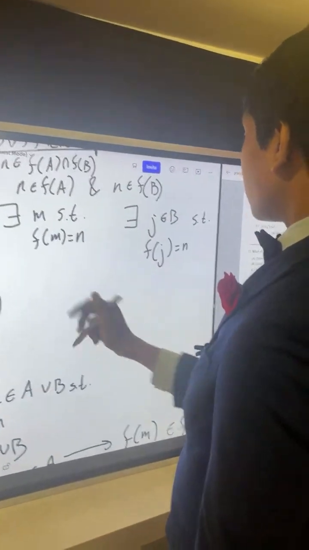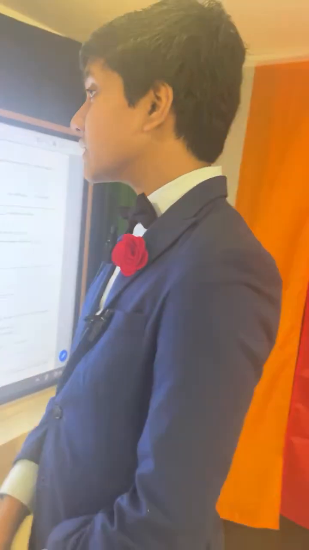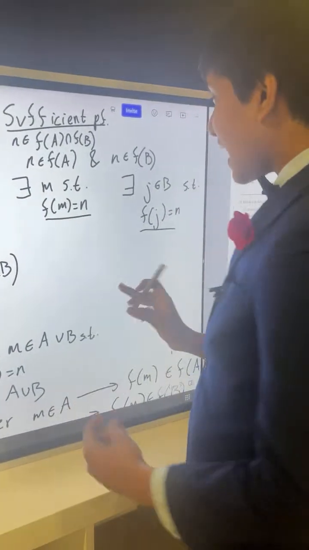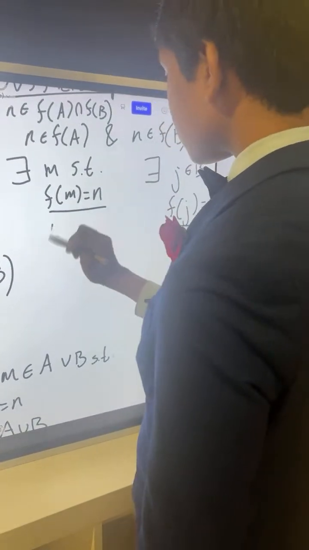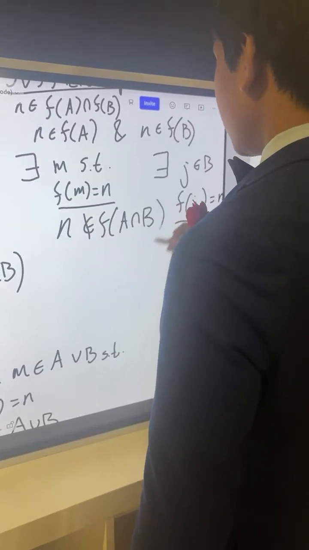So then we have that m and j could be two completely different elements, which means that we can't exactly say that n is in f of a intersect b. Why?